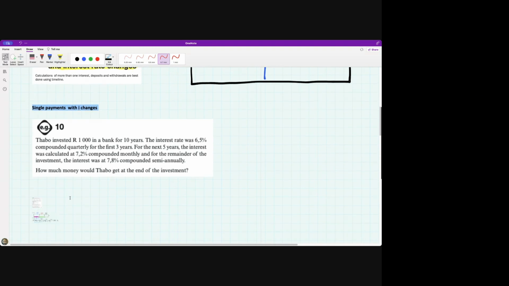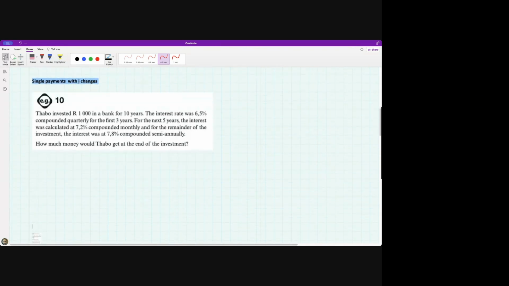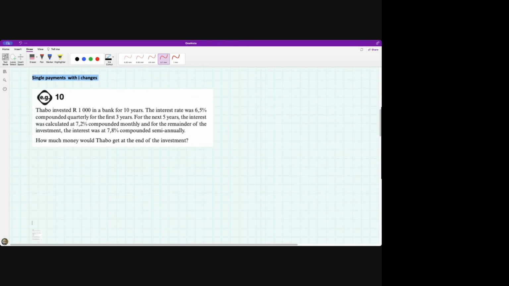All right, let us go to question number 1. And this, ladies and gentlemen, is why I love this question, because we just follow a process. So Tabo is lucky enough to have 1,000 Rand in the bank for 10 years.